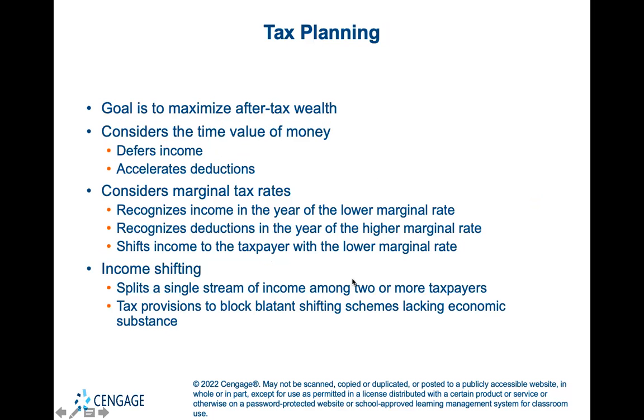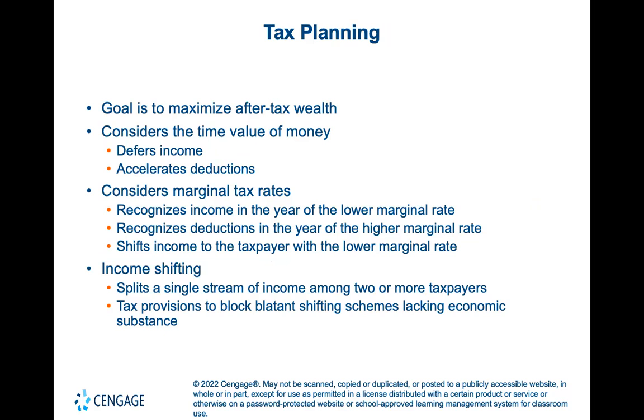So tax planning goal is to maximize after-tax wealth. It considers the time value of money, defers income, accelerates deductions. It considers marginal tax rates, recognizes income in the year of the lower marginal rate, recognizes deductions in the year of the higher marginal rate, and then shifts income to the taxpayer with the lower marginal rate.